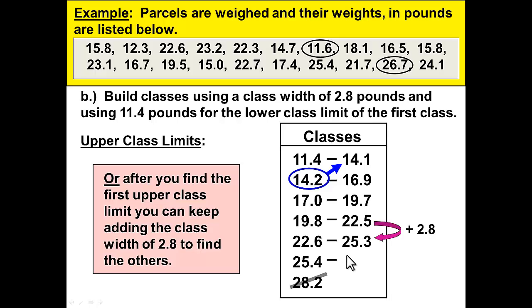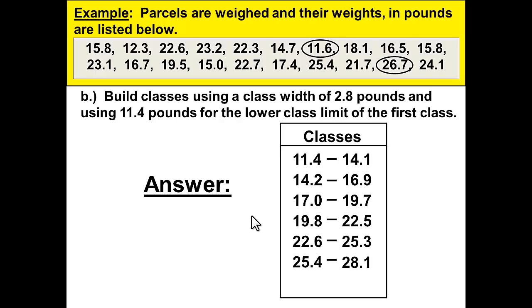Then adding 25.3 and 2.8, you will get 28.1, and we still have the same answers, just a different way. And whichever way makes best sense to you is the way that you should do it. Either way, we have completed the classes for our data set.